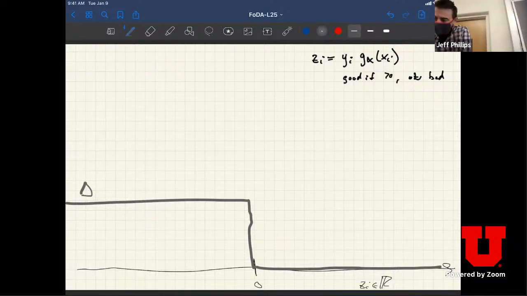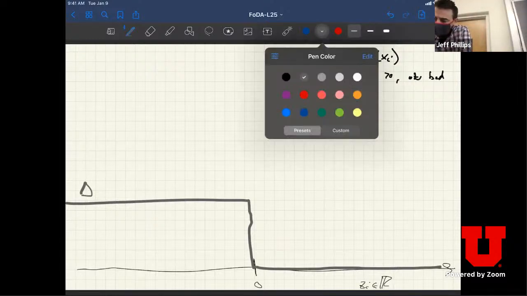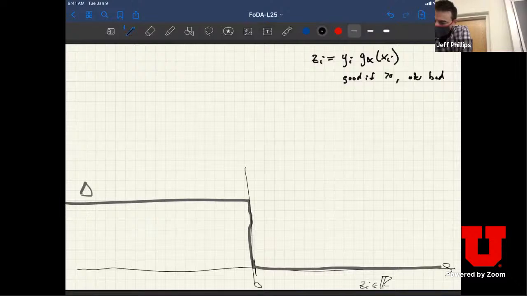Okay, so this will be like this value, where this is the value 1 and this is 0. Think of it as I want a small value. And this is the delta function I want to approximate.